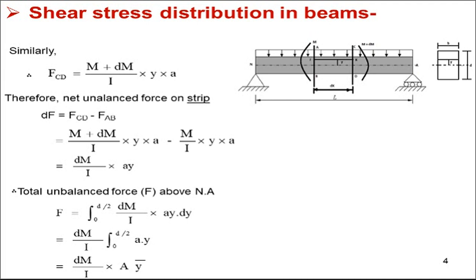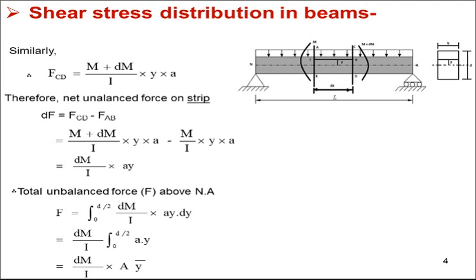So we have determined the shear force at section AB and at section CD. The net unbalanced force arises because these two forces are not equal, since the position is changed; the distance between these two sections is dx. That's why this is the unbalanced shear force.